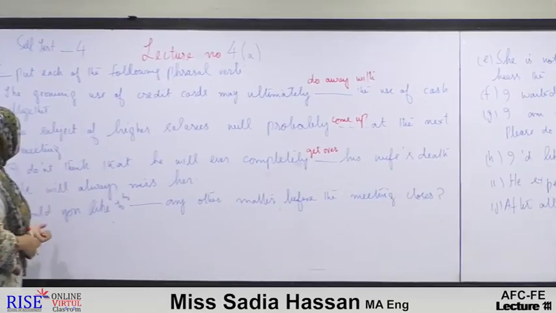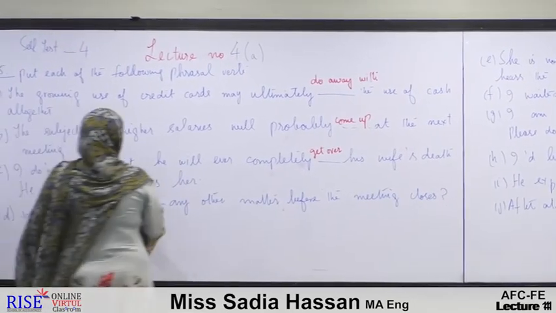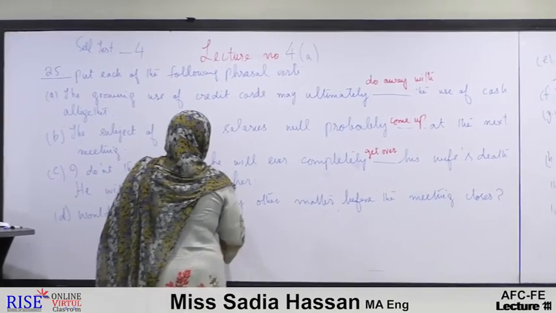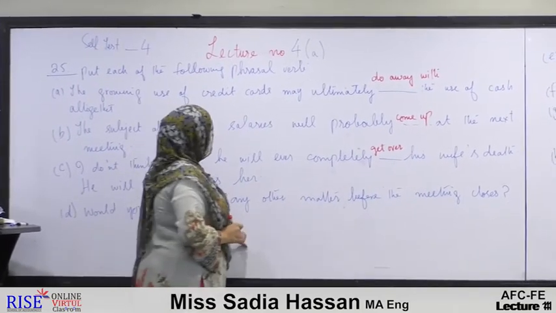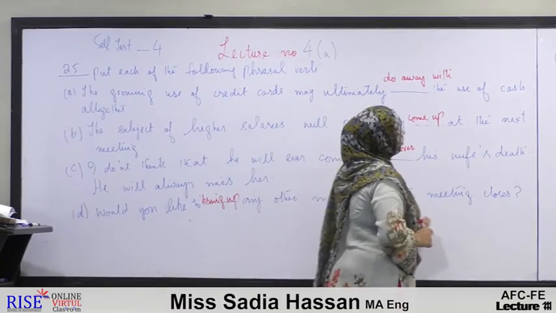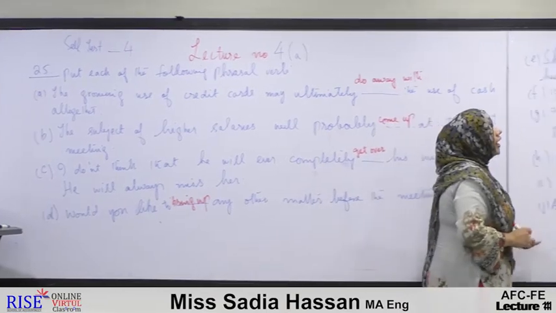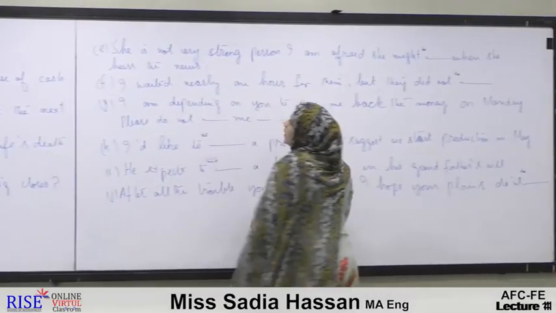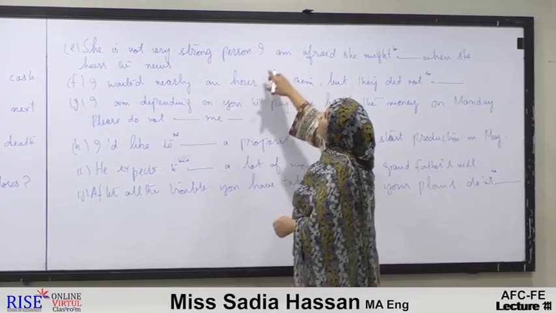Number D is, would you like to bring up? Bring up means, would you like to bring up any other matter before the meeting closes? Like you want to present any other thing before the meeting closes. Number E is, she is not a very strong person.